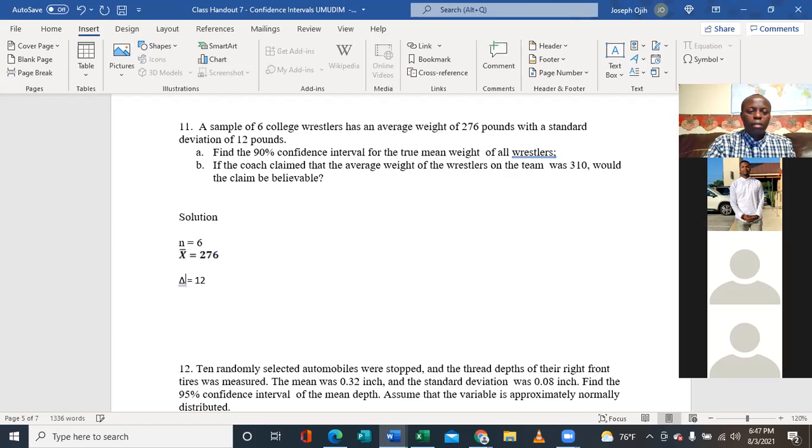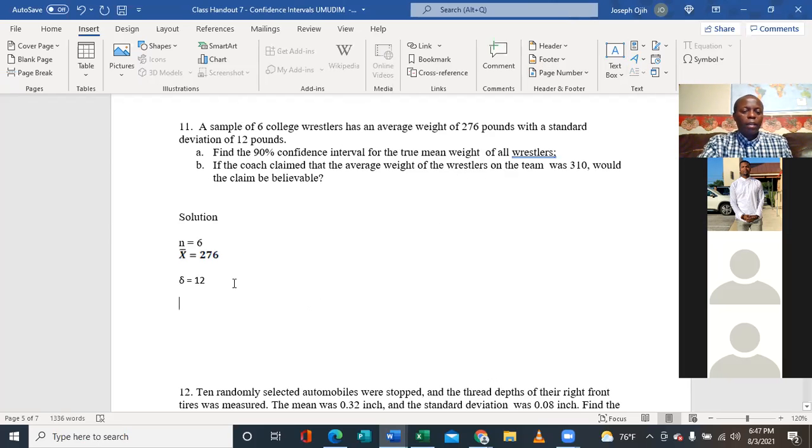I'm going to correct this. Now n is 6, so the degree of freedom is df equals n minus 1, which is 6 minus 1, which is 5.